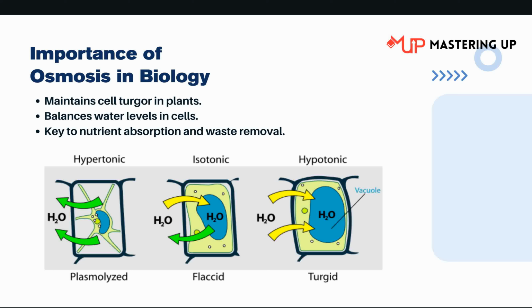Turgor pressure is essential for plant health, and osmosis is the heart of maintaining that pressure. So these are the importance of osmosis in animal and plant cells.